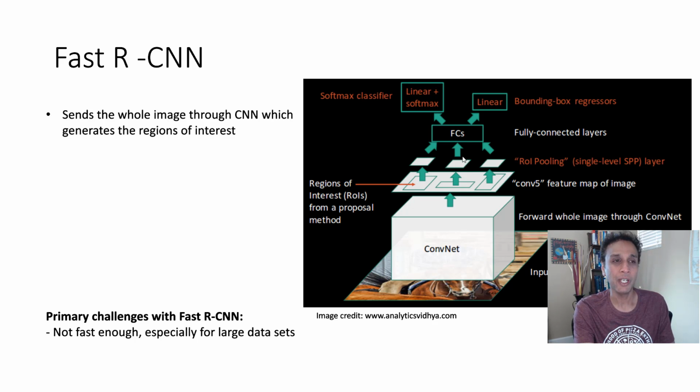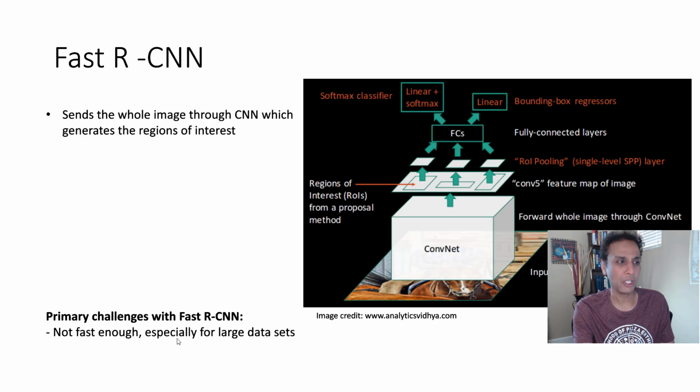You resize them and they go through a fully connected layer, and then you have a linear regressor for bounding box regression, and you have your normal linear plus softmax for classification, which gives you the probability of what that object is. So that is your fast RCNN.